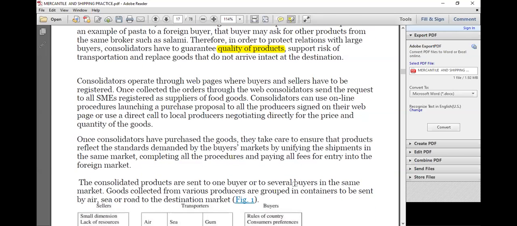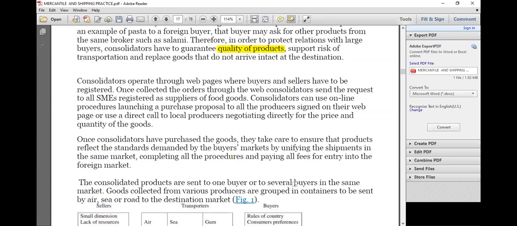So the consolidators operate through web pages where buyers and sellers have to be registered. So they have their pages. So once they have collected the orders through the web, consolidators send the requests to all SMEs registered as suppliers of food goods.